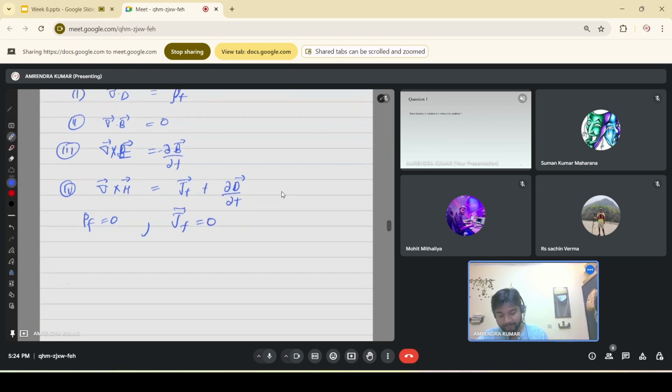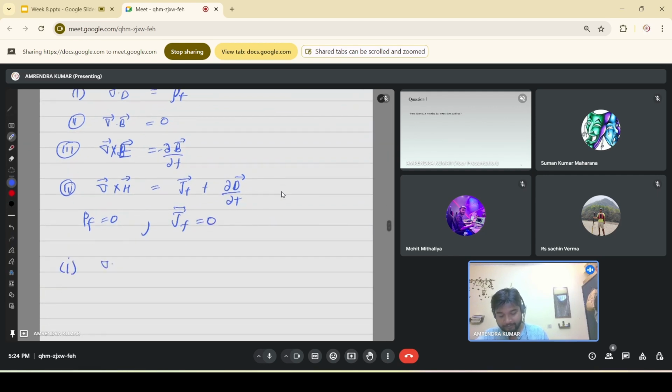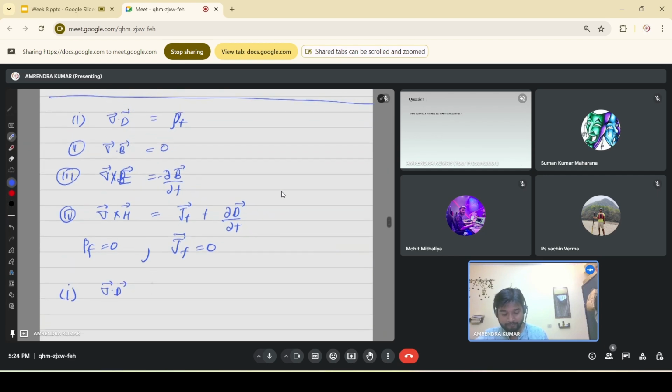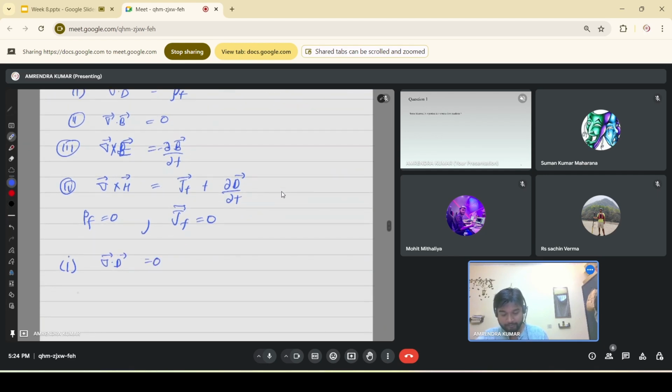So the Maxwell equations reduce to this: del dot D equal to 0, second del dot B equal to 0, third del cross E equal to minus del B over del t, and the fourth del cross H equal to del D over del t.